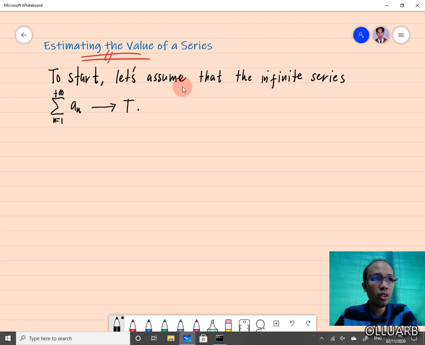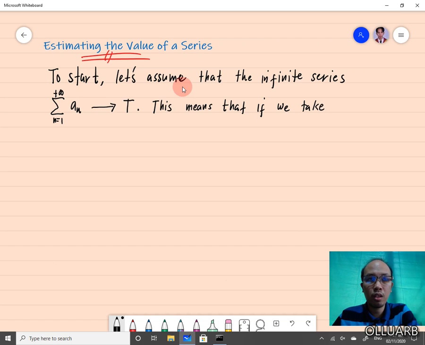What does this mean? If you recall our previous topic, the definition of the convergence of a series, this is in relation to the partial sum.